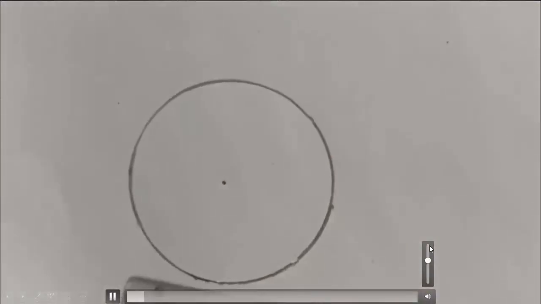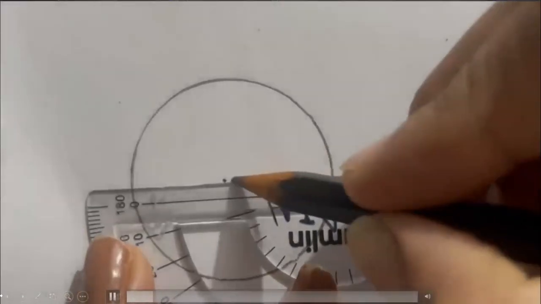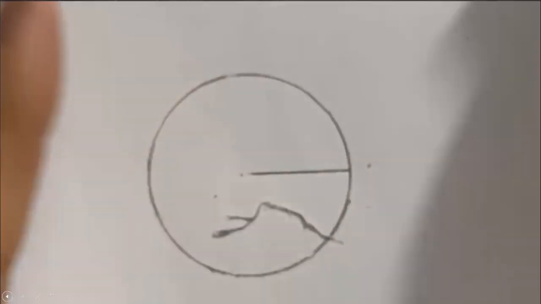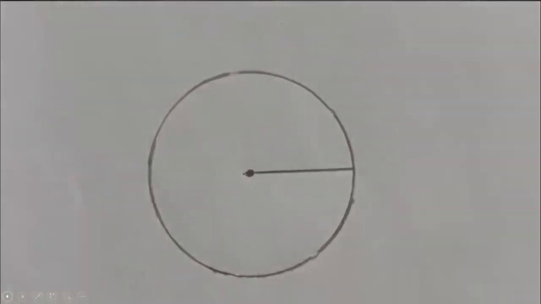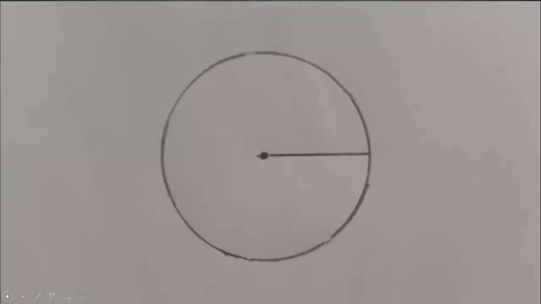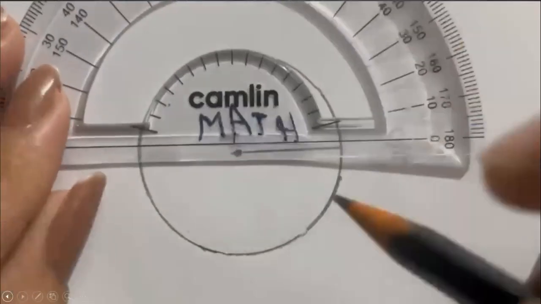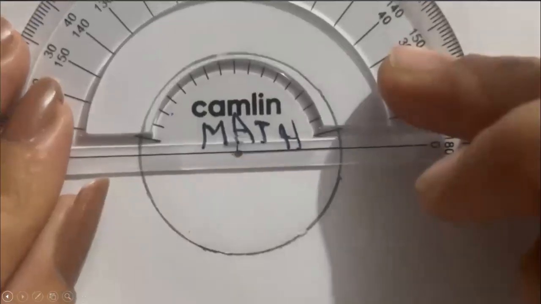So what we do, first of all, we draw a radius. We have drawn a radius here. We will draw from the center only. This is the center, right? Now the first angle is 90 degrees. So this will work as the baseline. This point should coincide with this one, this line should coincide with this line.